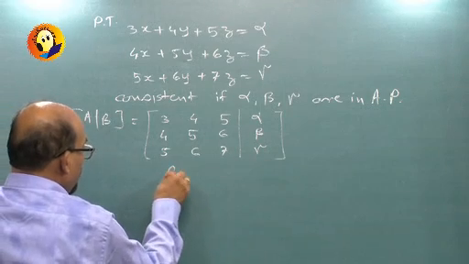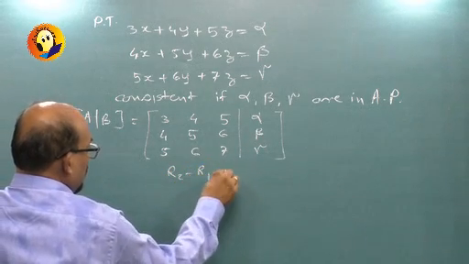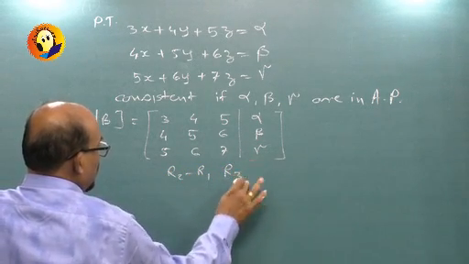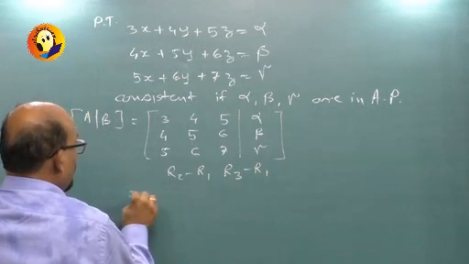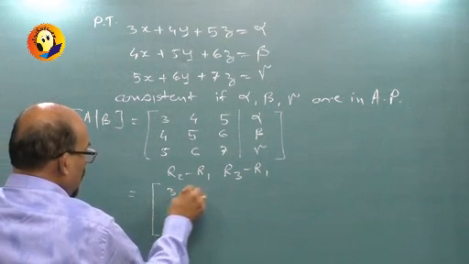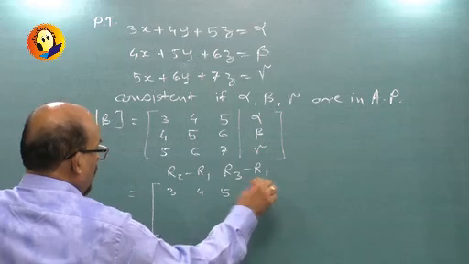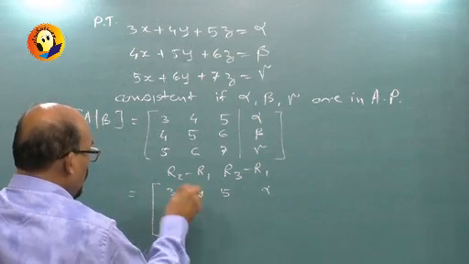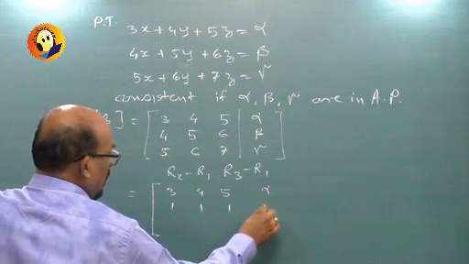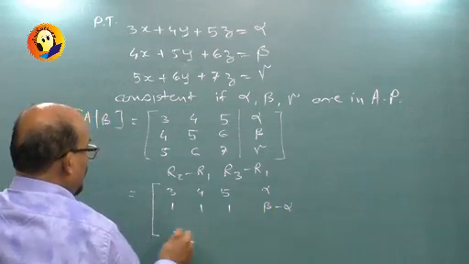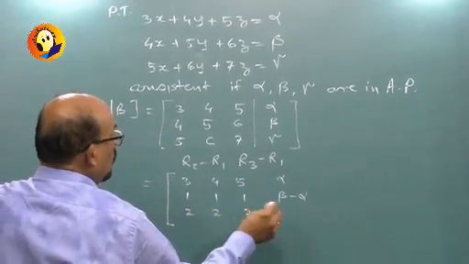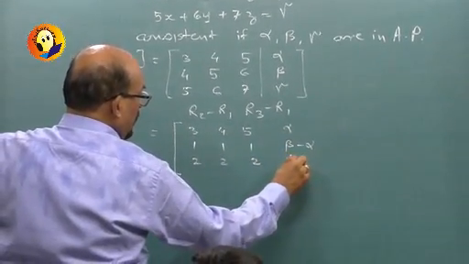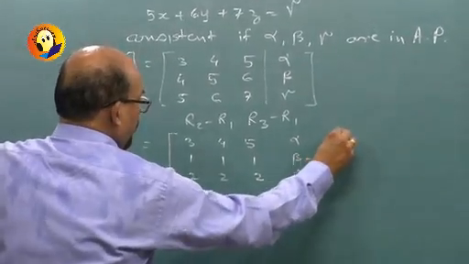So it will be R2 minus R1 and R3 minus R1. So it becomes 3, 4, 5, alpha; 1, 1, 1, beta minus alpha; and 2, 2, 2, gamma minus alpha.